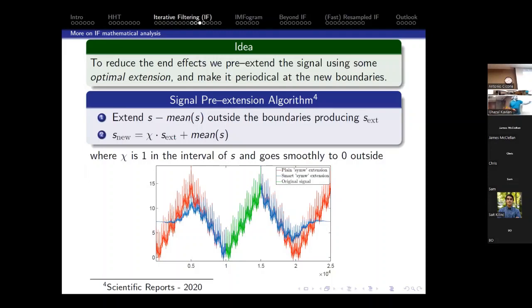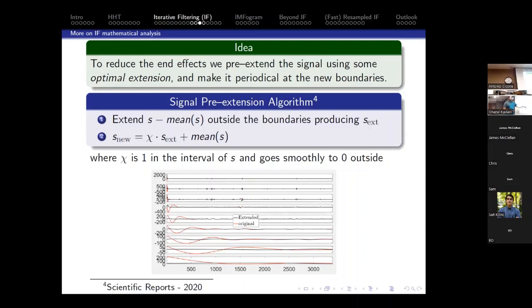Like here in this example, green is the original data that you do not want to lose, and you pre-extend it in red, in any way you want, and then in blue, you make it periodical by basically windowing it. And you can use this kind of extension on any technique: wavelets, empirical mode decomposition, or iterative filtering itself.